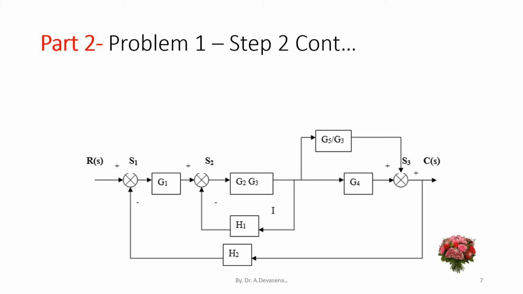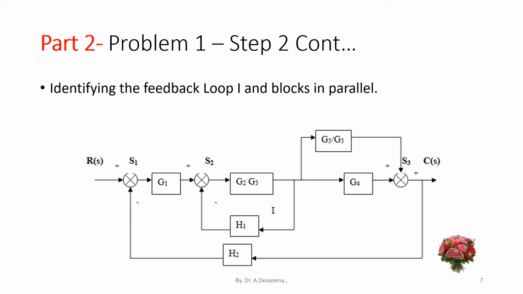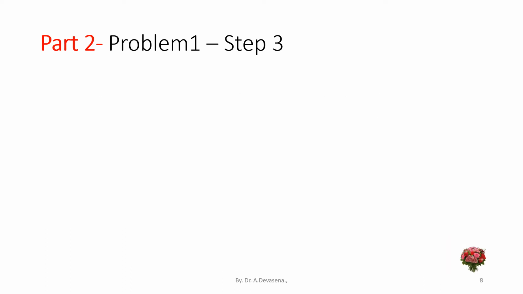Now we have to identify the inner feedback loop 1. This is the feedback loop 1. The feedback loop 1 is indicated in this diagram by an arrow and we have the blocks G4 and G5 by G3 which are in parallel. This has to be simplified. Step 3.